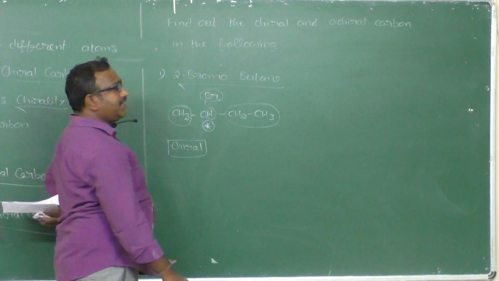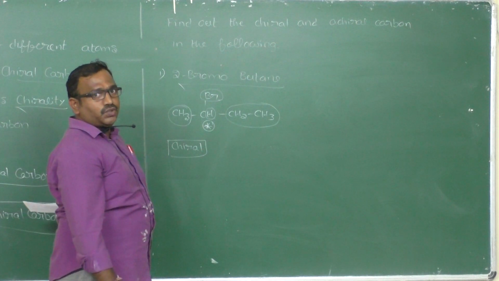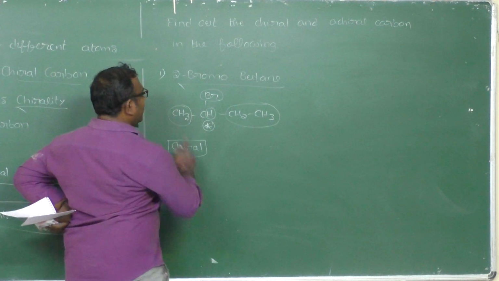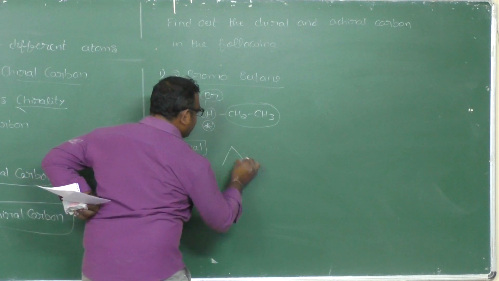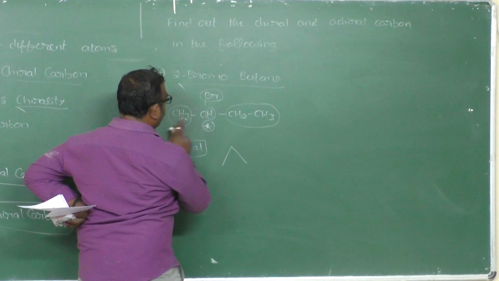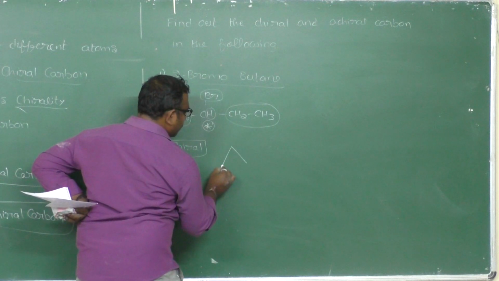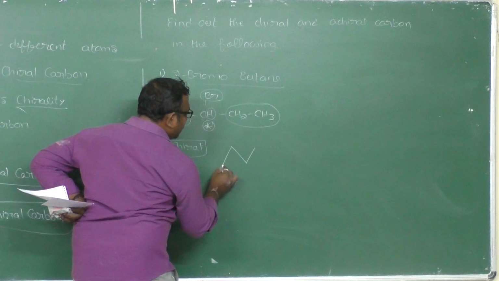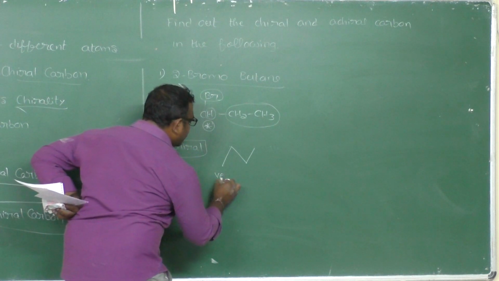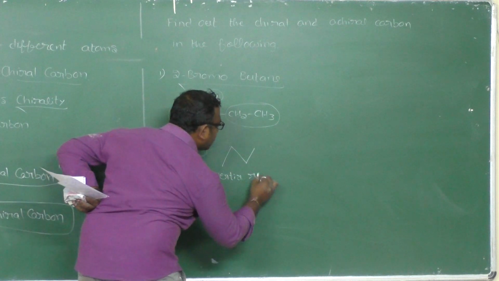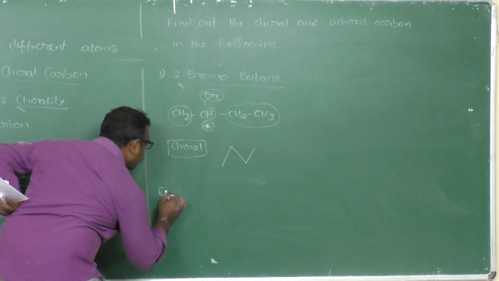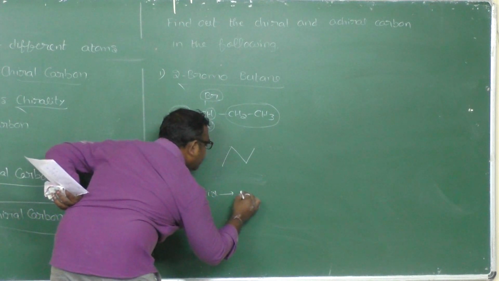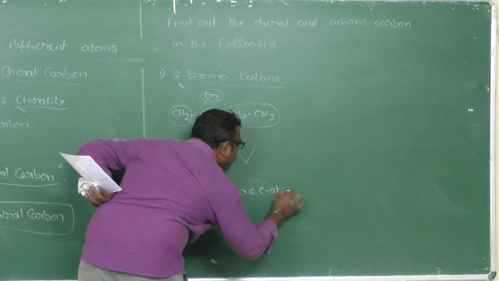Generally, a molecule is expressed in 2 ways. One is the structural formula and the other is the zigzag method. In the zigzag method, it is represented like this. How many carbons are present? 1, 2, 3, 4. See here, each vertex represents one carbon atom.